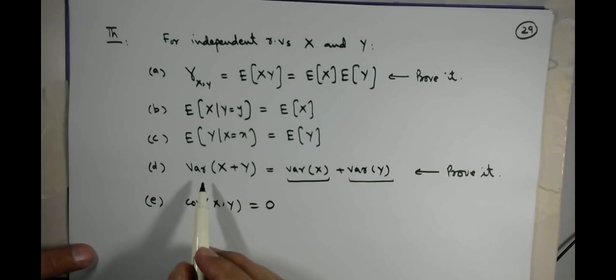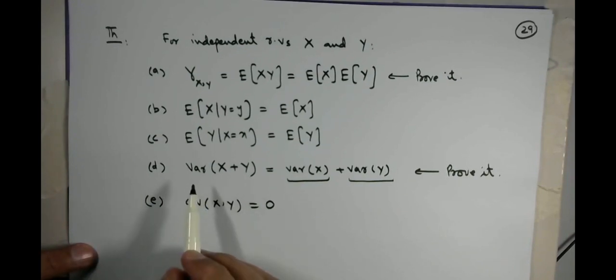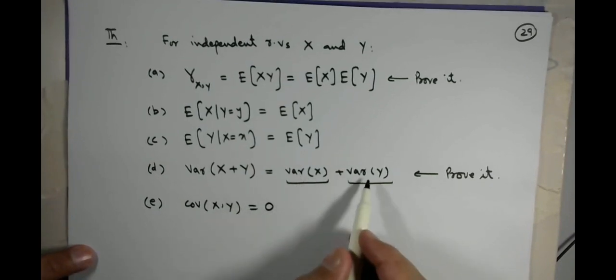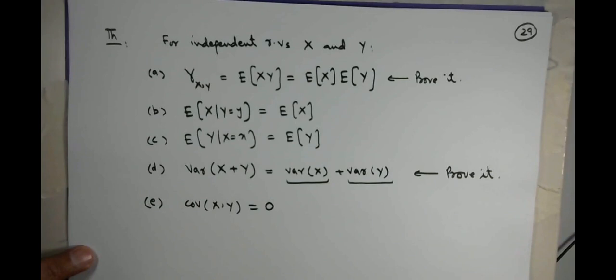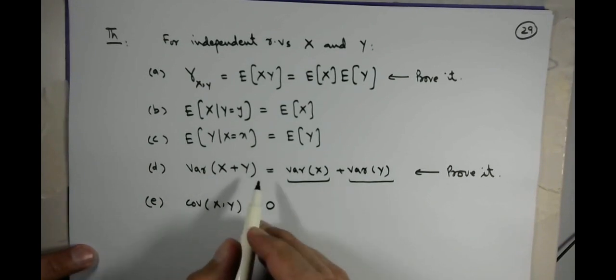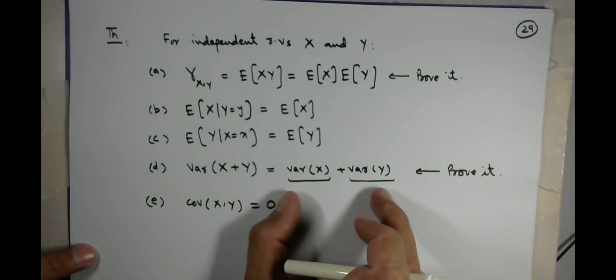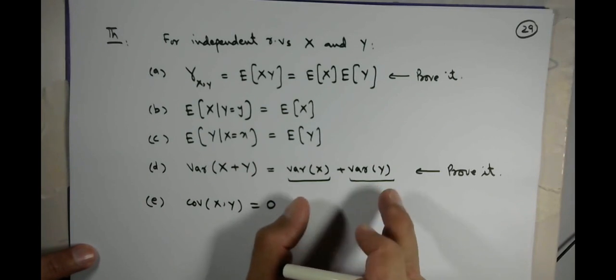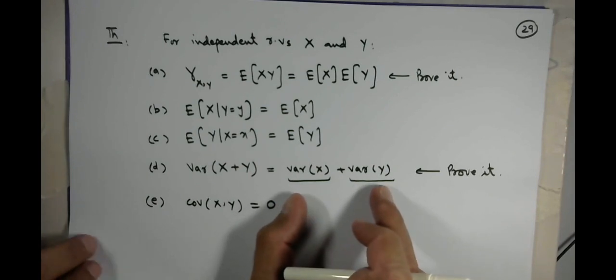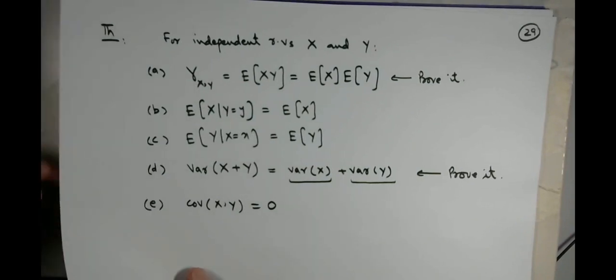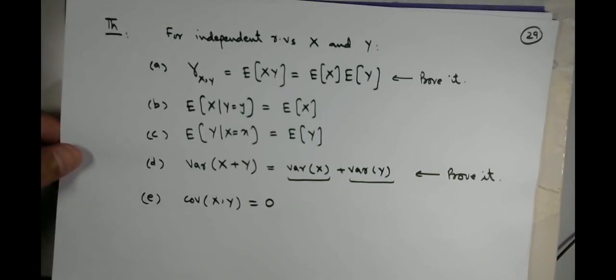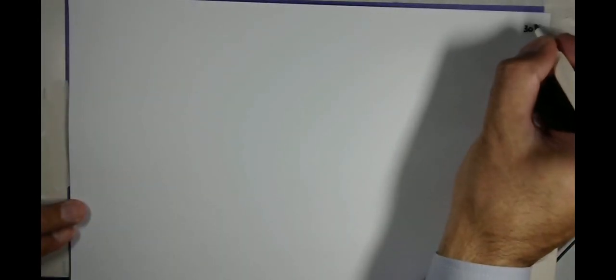But the variance of X plus Y, if you remember, had three terms in the formula: variance of X plus variance of Y plus 2 times covariance of X and Y. But when X and Y are independent, this covariance term vanishes and you are simply left with these two individual variances, which is much simpler and easy to calculate. And the last part is if X and Y are independent, their covariance goes to 0.